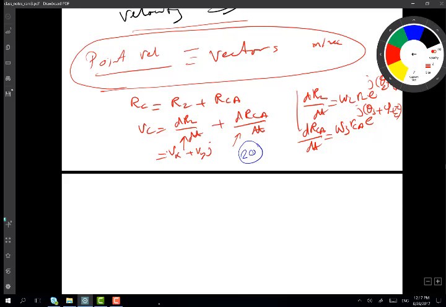And if you wanted the actual magnitude of this vector, you just square and add under the square root. So that's another thing I wanted to say also.